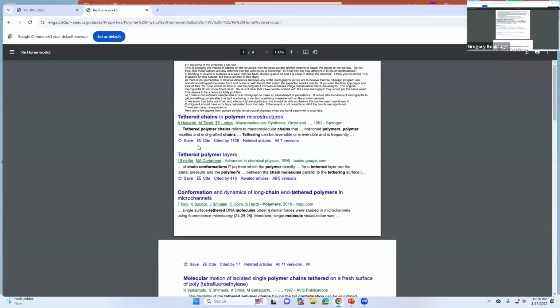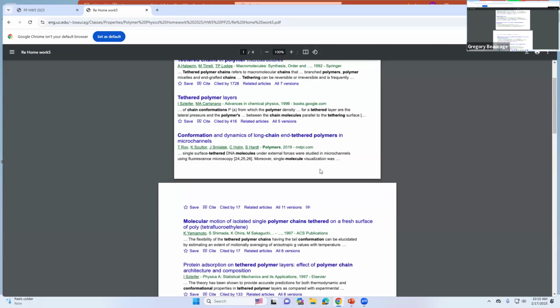If you just go into Google, you say Google Scholar and you can get papers. Then you can just put in something like tethered polymer chain structure change. I just did that and I got like 1,000 papers where they talk about when a polymer tethers to a surface, the structure of it changes.